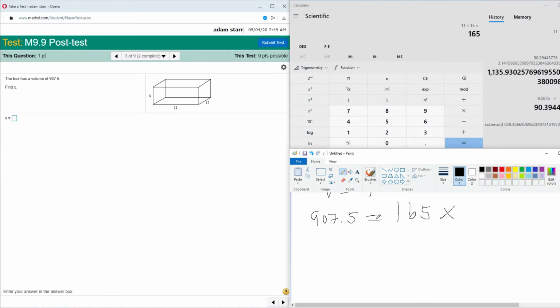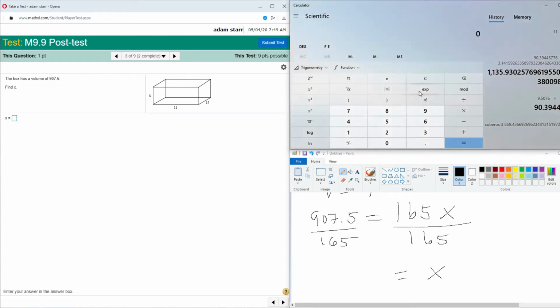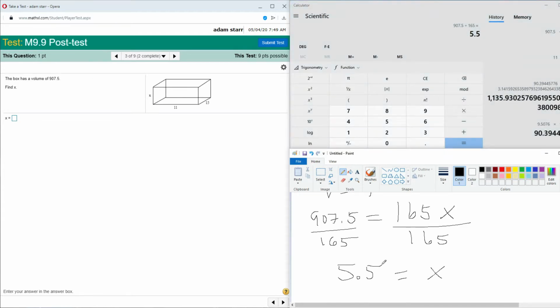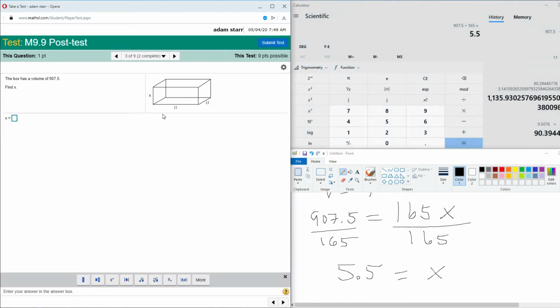Now we can solve this for x by dividing both sides by 165. So my answer here is 907.5 divided by 165, and I get 5.5. It doesn't say anything about rounding, so I'm writing 5.5.